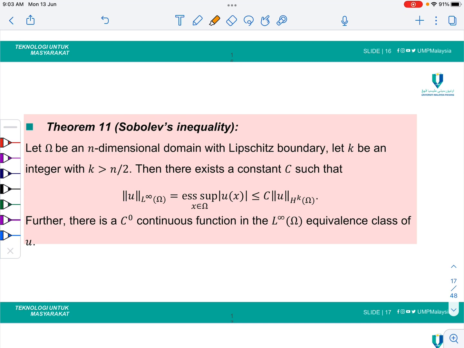Further, there is a C0 continuous function in the L infinity equivalence class of u. If this condition holds, then the L infinity norm of u, the sup of u(x) for x within omega, is less than a constant c times the norm of u in Hk omega.